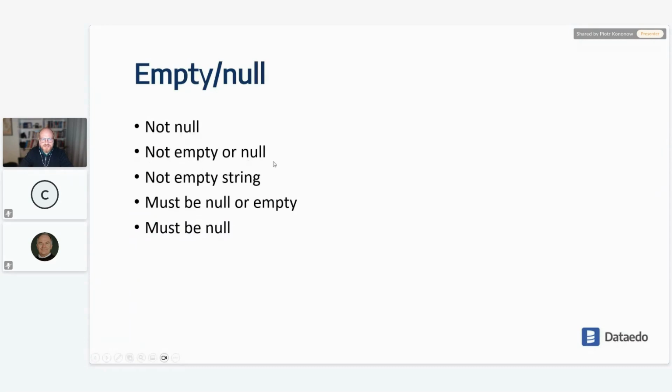Empty is different than null, because an empty string in a lot of databases is not null. So we test that it's not an empty string. There's one also specific for empty string, and I think this one also includes blanks, like a space or white space, like tab or new line, or you want to make sure that it's empty or null.